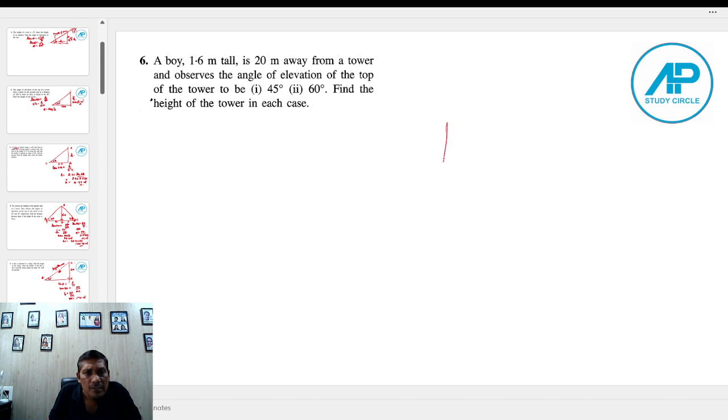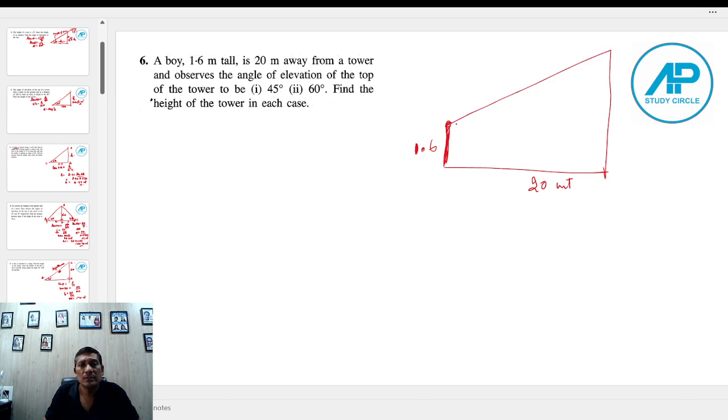What is the difference in this question? The boy's height is given as 1.6 meters, 20 meters away from the tower, he observes the angle of elevation to be 45. Always label the diagram. Diagrams play a very important role in these questions. You have to find the height of the tower.